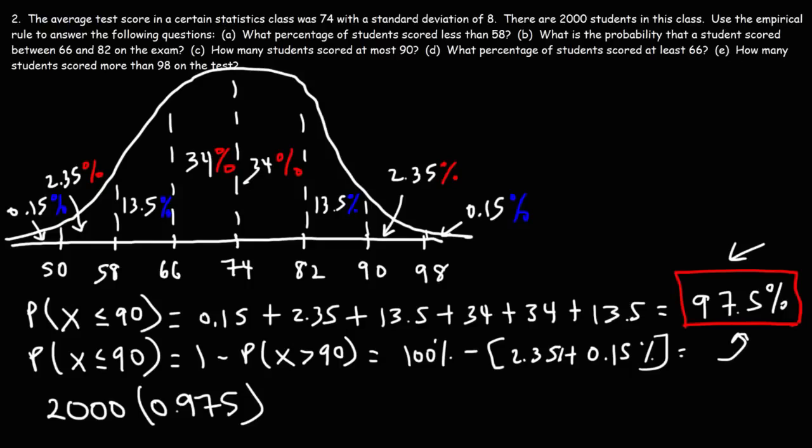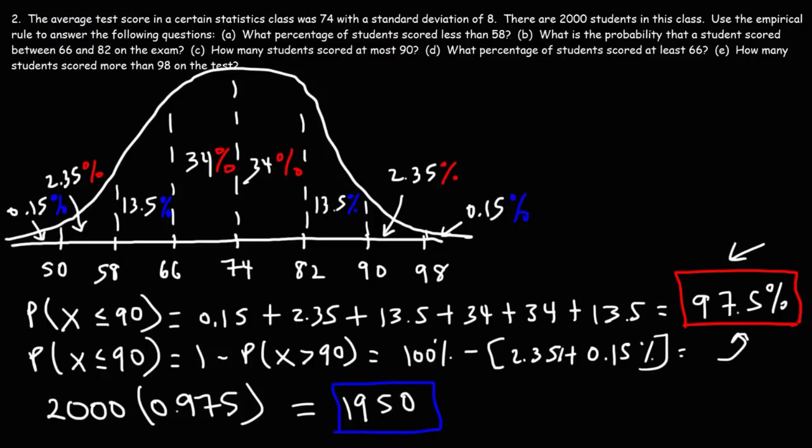To get that number, just take the percentage divided by 100. 2,000 times 0.975, that's 1950. So this is the answer for part C. So 1950 students scored at most 90.